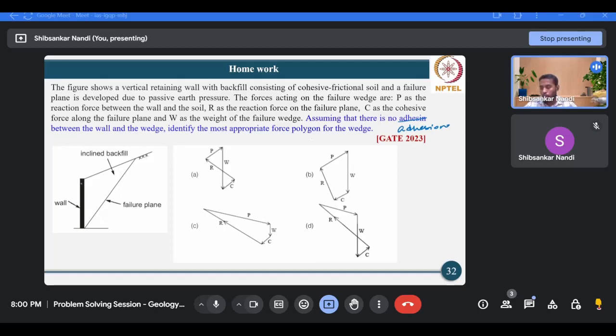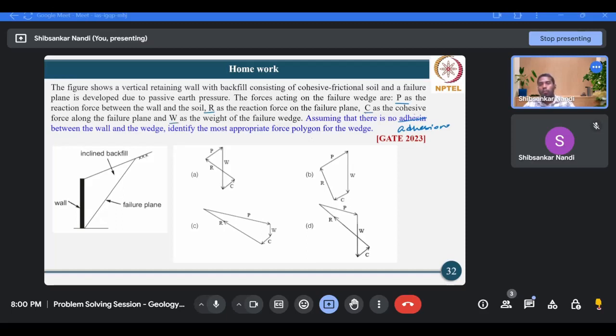So that's why Coulomb's theory came into picture, and this theory is on the basis of non-zero wall friction. As you can see, this is the wedge. This triangular wedge is on the verge of collapse or at the condition of limiting equilibrium. Now on this wedge, four forces are acting: P, R, C and W.